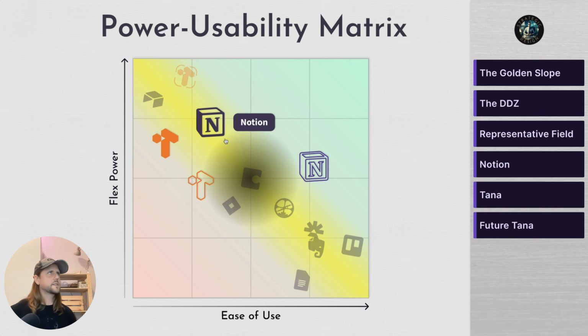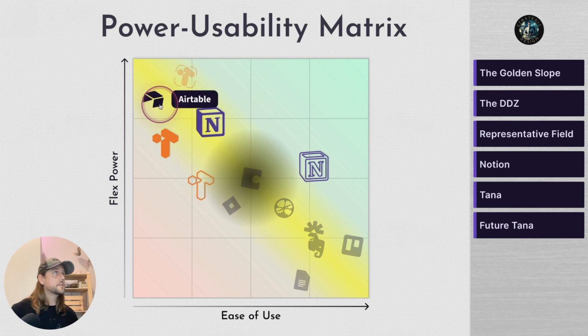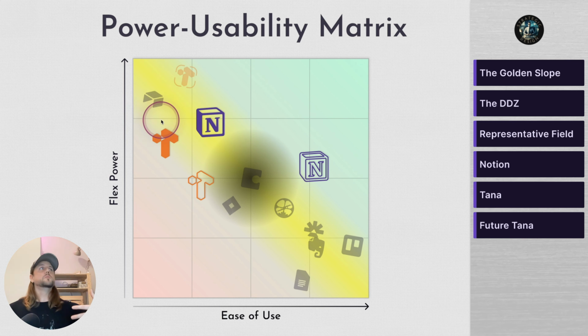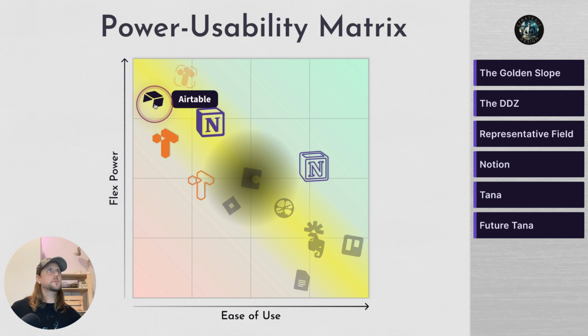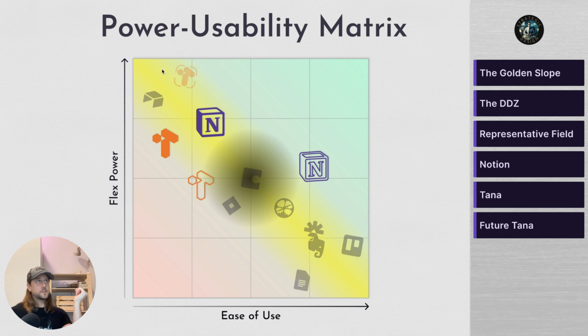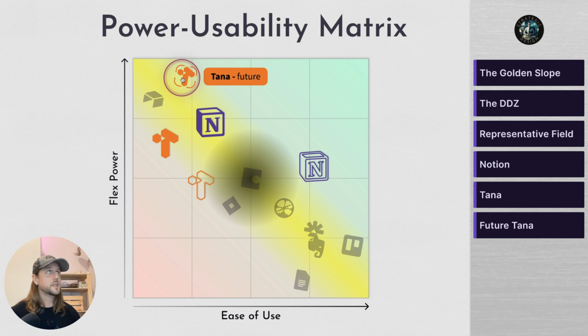I think that's going to be a fact for them. I could be wrong, but I do think that Tana will be able to, it's already, I put it as a little bit more usable than Airtable, but it's going to be clearly more usable than Airtable in the future. Which is actually very impressive considering how I placed them at the top of the flex power.